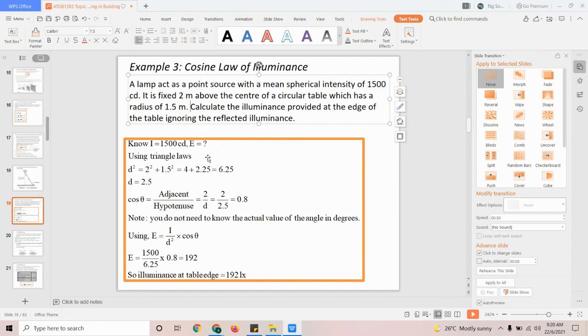So to work out the illuminance at the edge of the table, you know that your I equals 1005 candela. To work out the distance to the edge of the table, you will need to use the triangle law. You know the height between the fixed point and the center of the circular table is 2 meters, and the radius is 1.5.